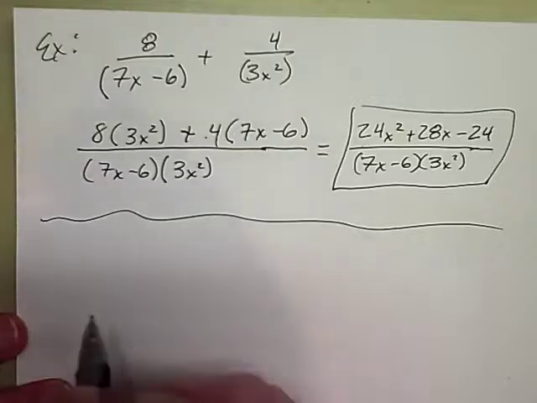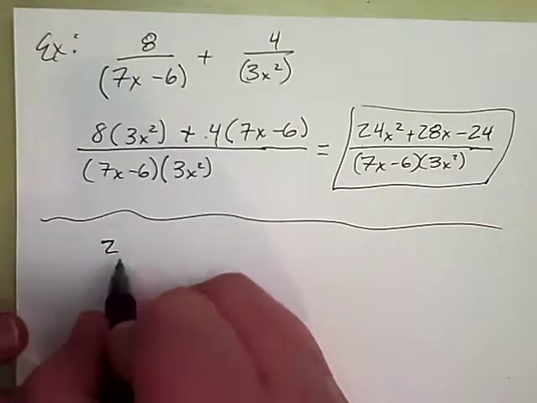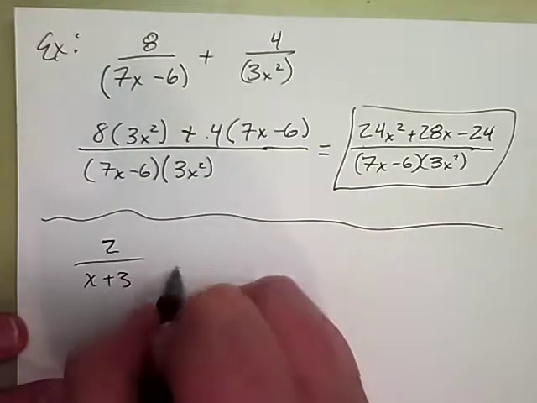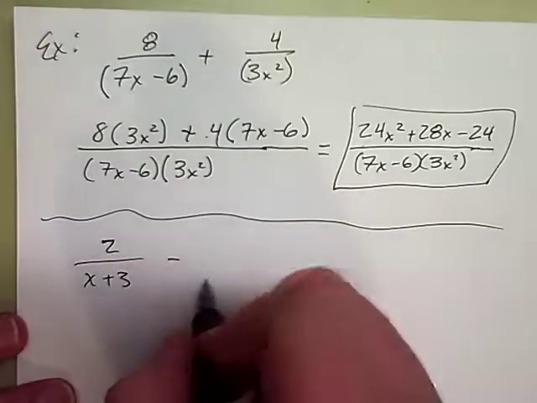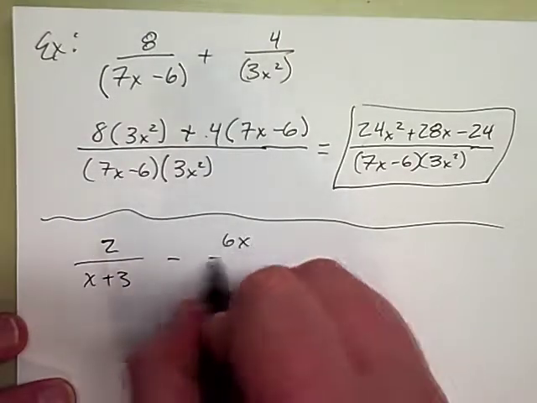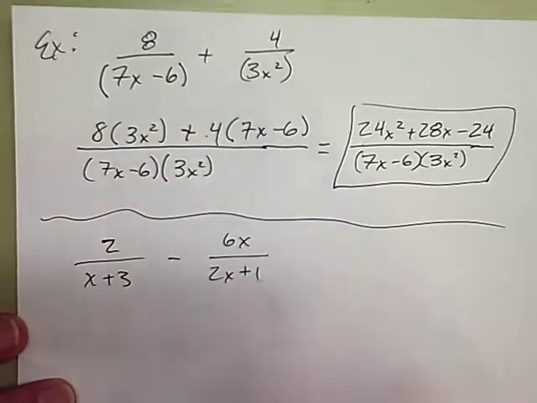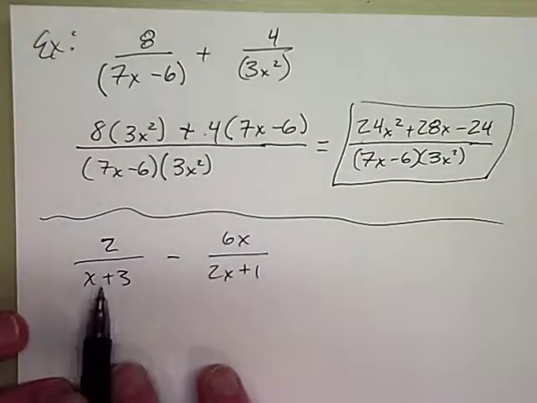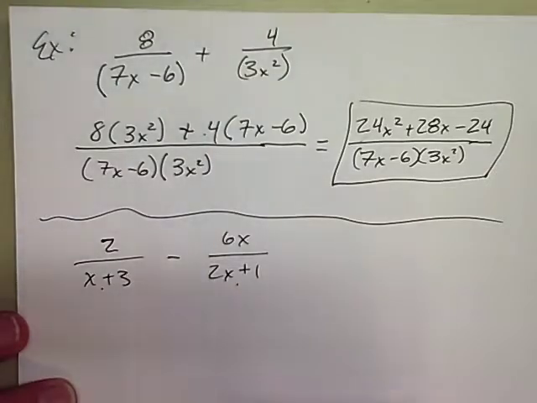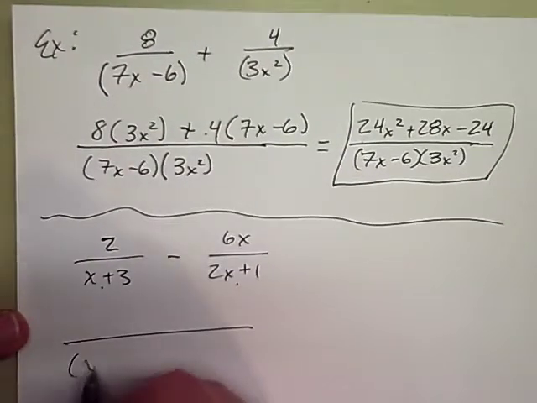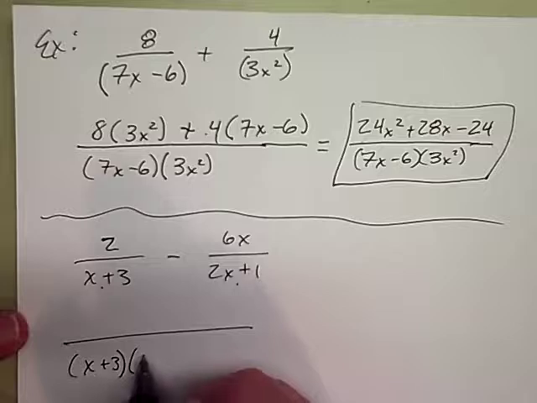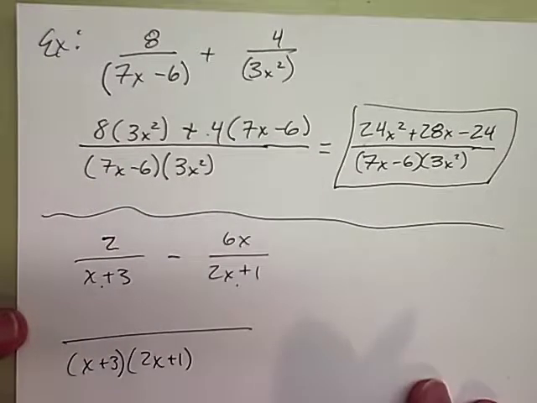All right, let's do one more example here. I have 2 over x plus 3 minus, okay, we have subtraction, so we need to be careful here, 6x over 2x plus 1. All right, so do I have the same denominator? No. So my common denominator is going to be x plus 3 times 2x plus 1.